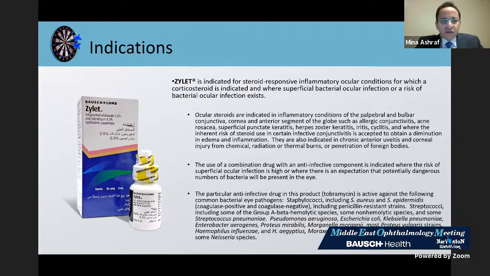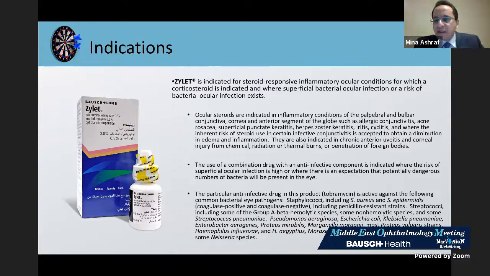Ocular steroids are indicated in inflammatory conditions of the palpebral and bulbar conjunctiva, cornea, and anterior segment of the globe, such as allergic conjunctivitis, acne rosacea, superficial punctate keratitis, herpes zoster keratitis, iritis, cyclitis, and where the inherent risk of steroid use in certain infective conjunctivitis is accepted to obtain a diminution in edema and inflammation.